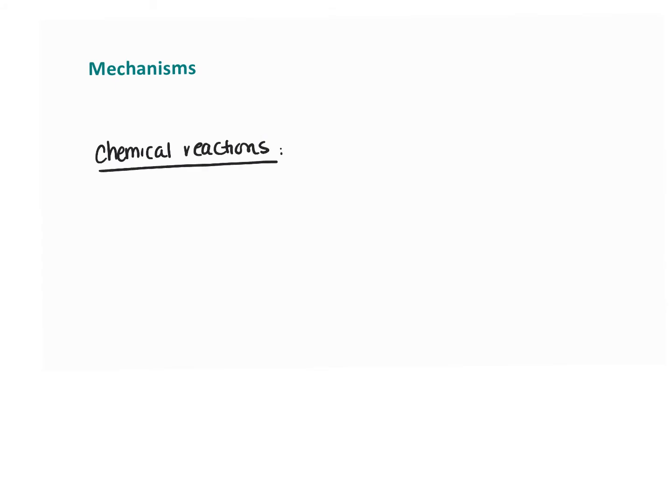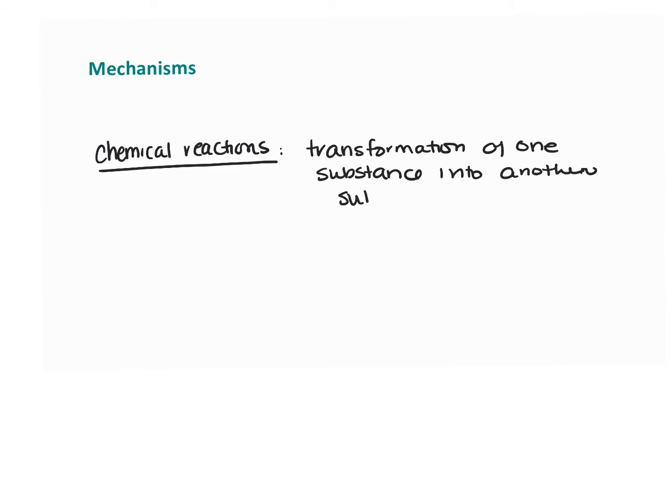this is no different than general chemistry, where we just define this as the transformation of one substance, which was a reactant, into another substance. Right? And it typically occurs through the changes in bonds.